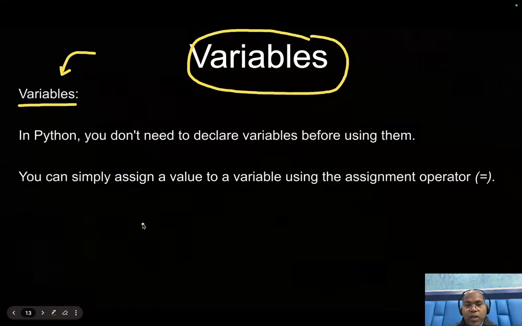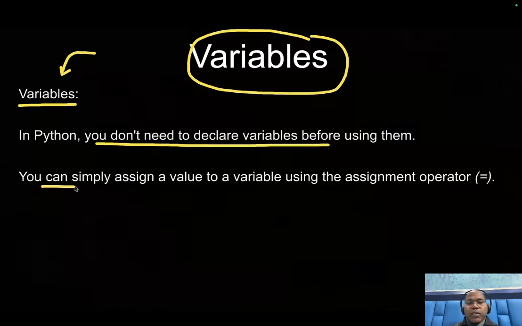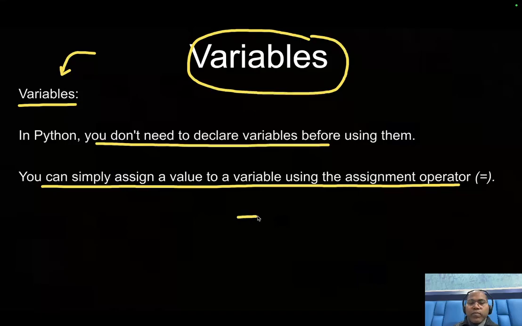Similarly here, you don't declare any variable. This is one rule we can talk about, but you can simply assign a value to the variable using the assignment operator. So let's say we have a 5. 5 is one value, or 6 is one value.